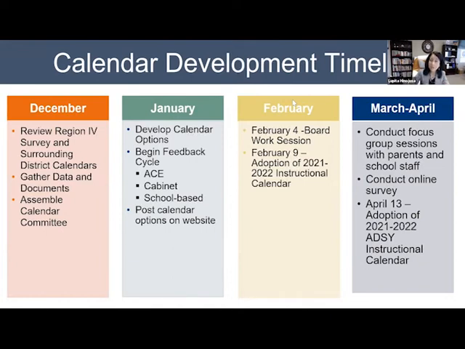So they led that work, meeting focus groups with the staff, focus groups with the community, and then surveys were conducted to really understand what were the needs. And ultimately they came up with 2 calendars, which was then sent out to the impacted community, and they had the opportunity to vote on the calendar that they selected.